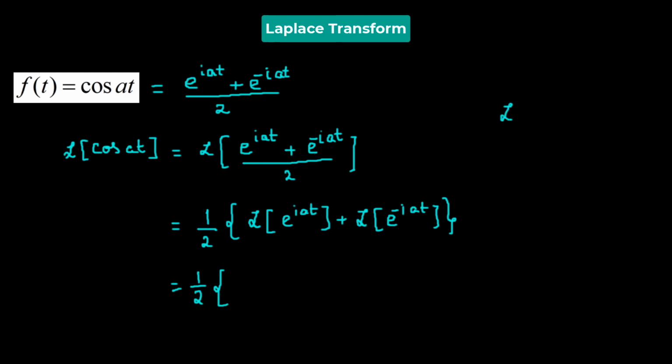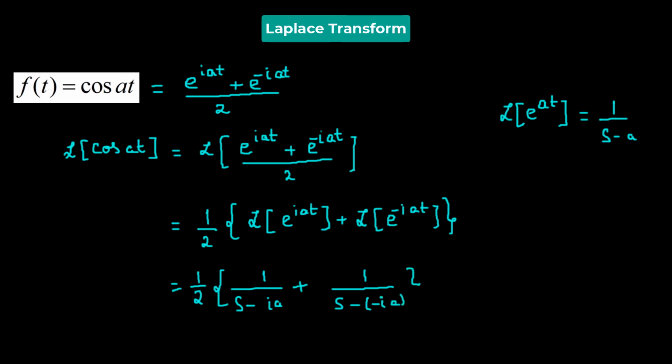Here we can use the Laplace transform of e raised to the power of at, which is simply 1 over s minus a. So a here is i times a, plus 1 over s minus negative ia.